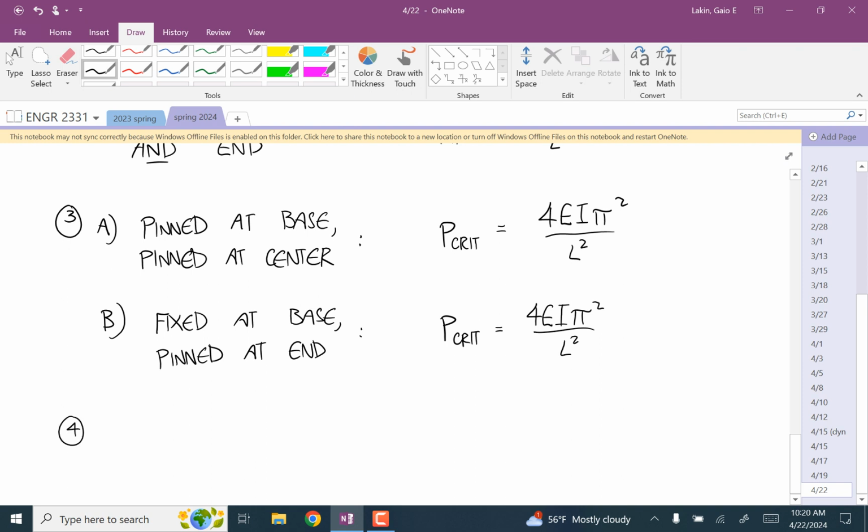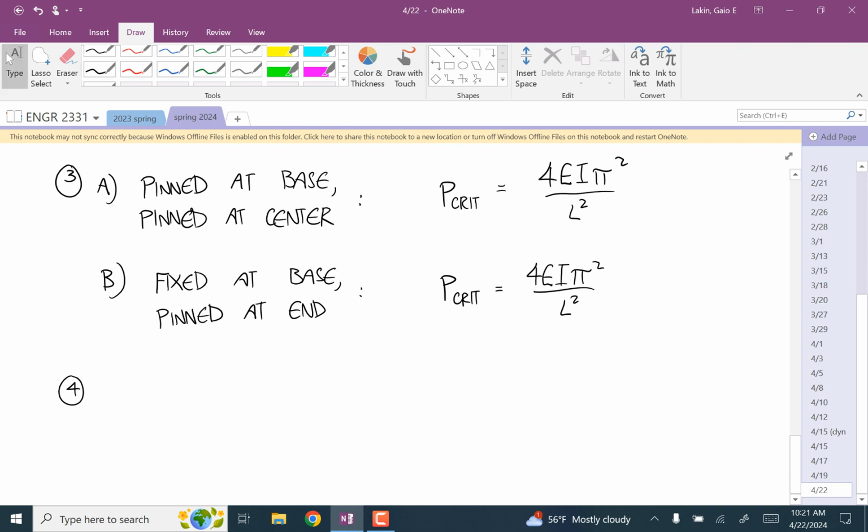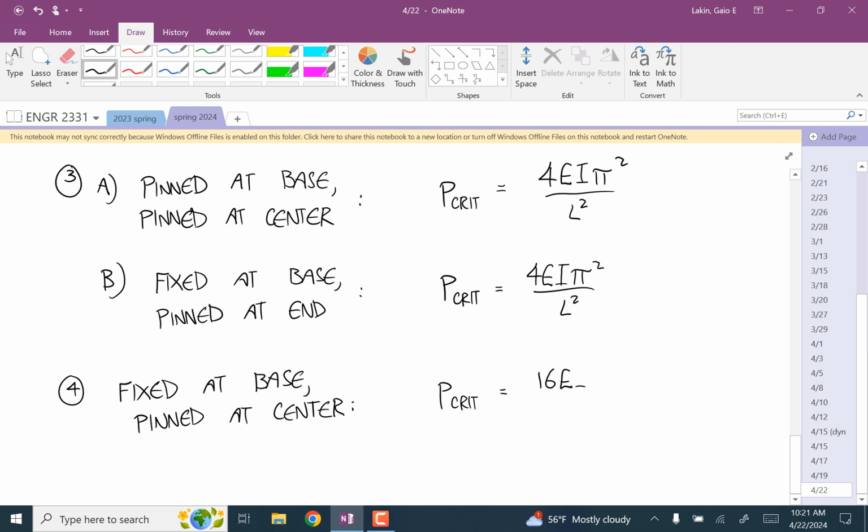And then the one with the highest critical buckling load is fixed at the base, pinned at the center. And the critical P value there is 16 times EI pi squared over L squared.